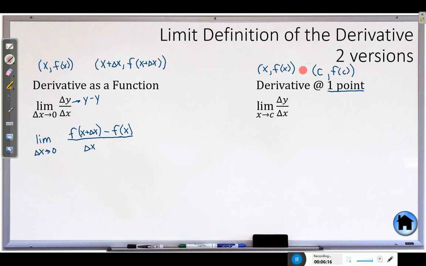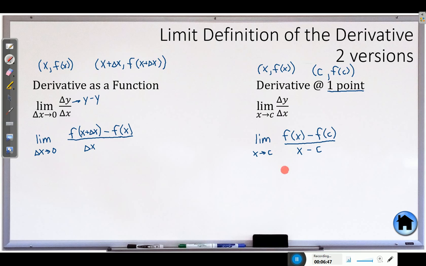So hopefully you can see then that the distance between these 2 points is also going to become 0. So the limit as x approaches c of f at x minus the other y value, which is f at c, divided by, now subtract the x's, x minus c.